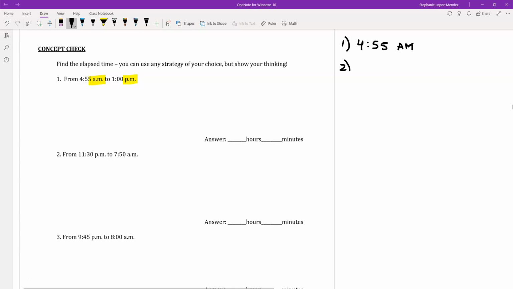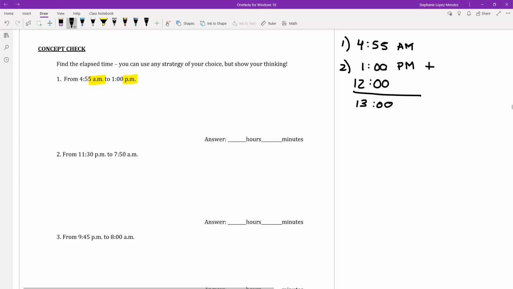Now what happened later was the 1 p.m. time. Now I know that my later time would need to have the 12 hours added, because that happens when we have an a.m. time and a p.m. time. We automatically know that we need to add 12 hours. So 12 plus 1 is 13, and 0 plus 0 is still 0, right?